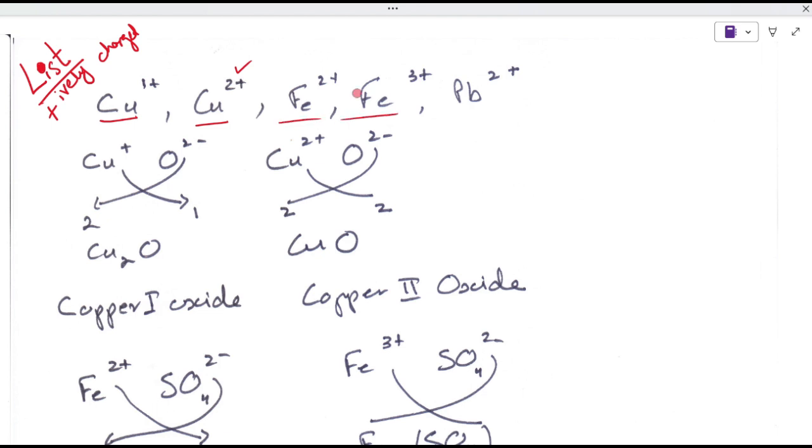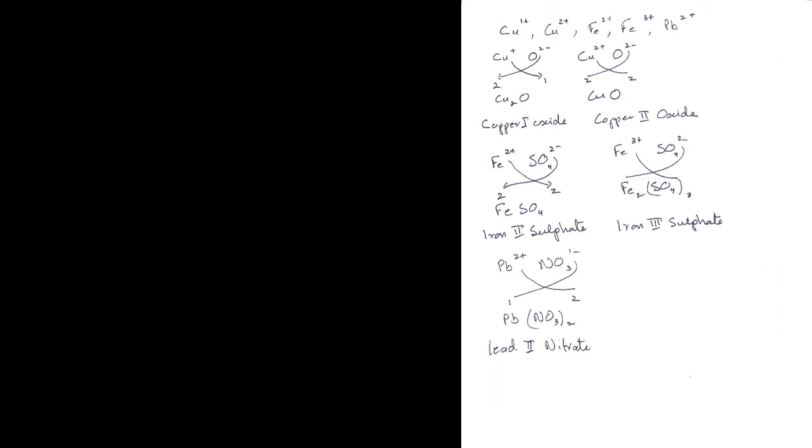These are the elements whose combining powers are different. They have different valencies. Iron can have positive 2 and positive 3, copper can have positive 1 and positive 2. So in order to write their formula, we write a Roman numeral, I or II. For example, copper(II) oxide, iron(II) oxide, iron(III) oxide as their names.